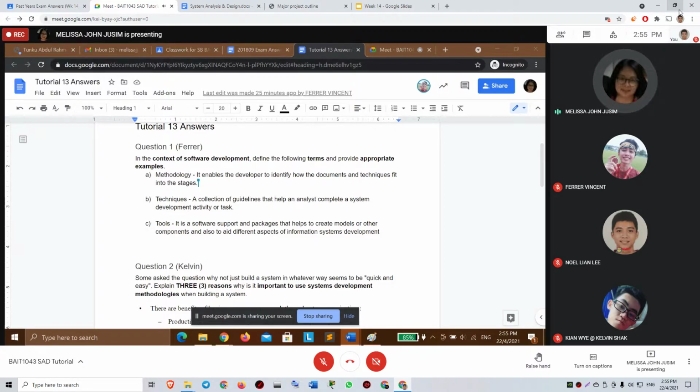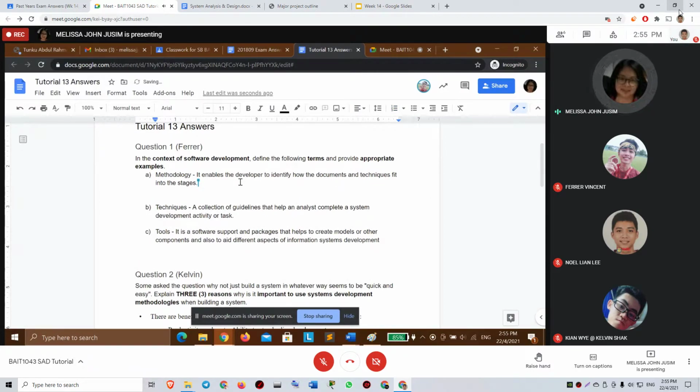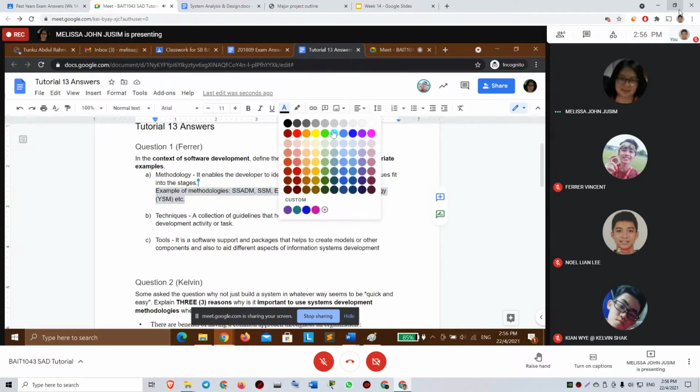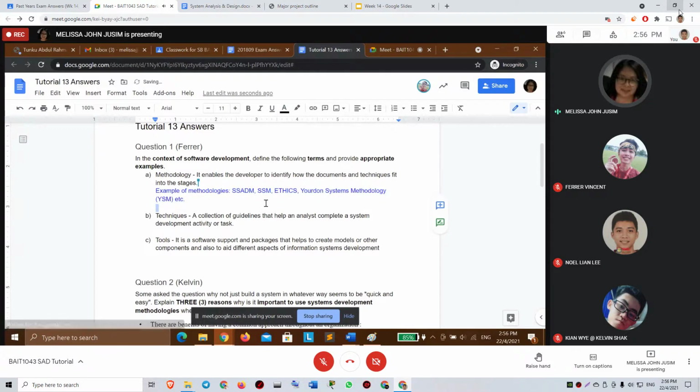There's one slide where the examples of methodologies are given. Okay, we have several methodologies. Example of methodologies, okay, this is from your slide. Okay, the structured system analysis and design methodology.